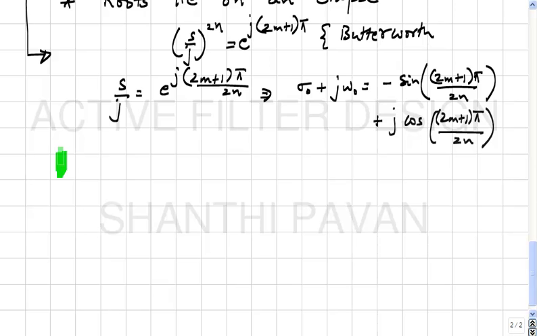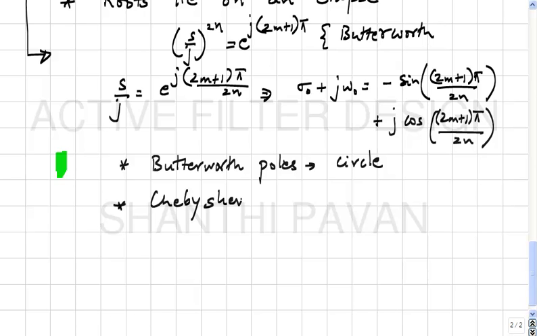So Butterworth poles lie on a circle, Chebyshev poles lie on an ellipse.